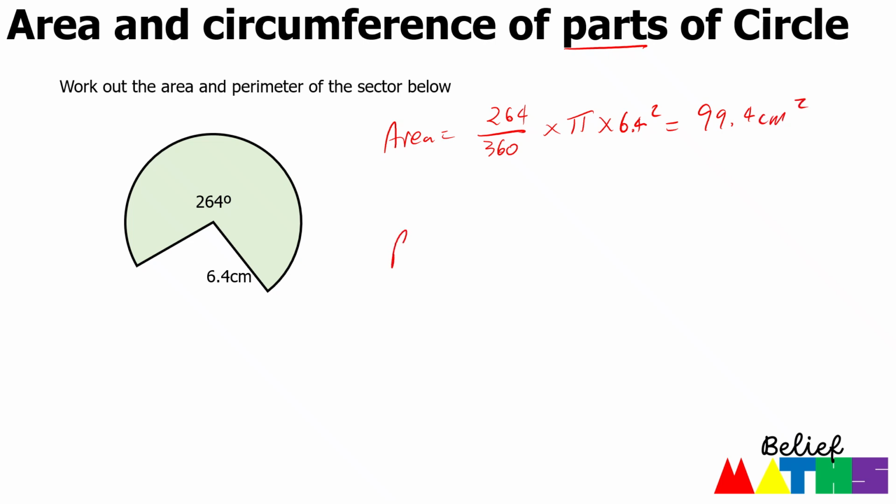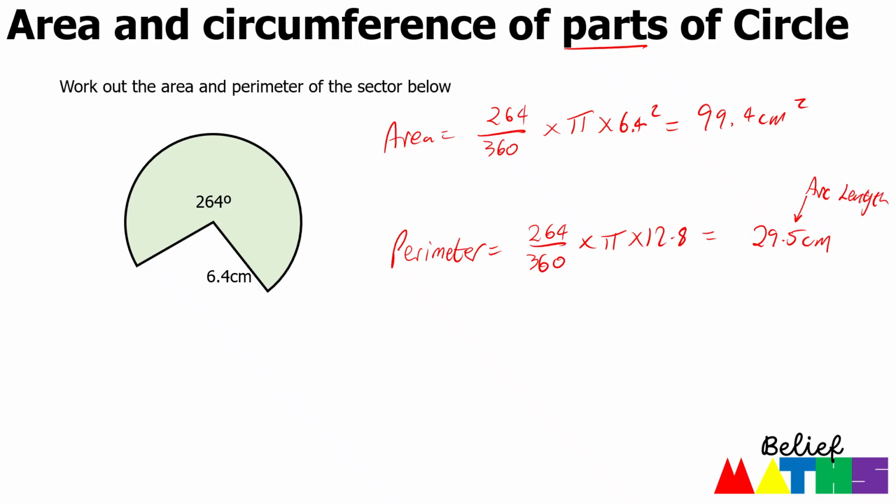Now the perimeter you just need to be a little bit careful with. So for the perimeter, you've got 264 over 360 times your circumference, so pi times the diameter, and the diameter in this case is double the radius, so 12.8, and that gives you 29.5 centimeters. Now that's what we call the arc length. That's the curved part.